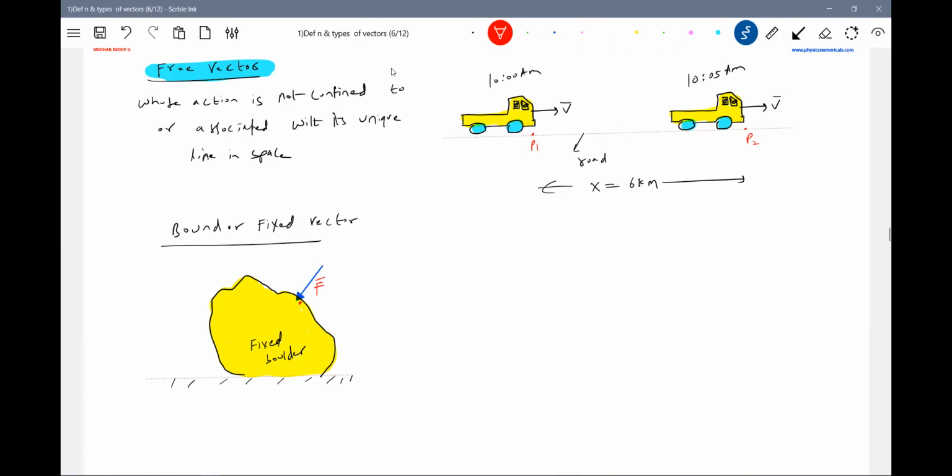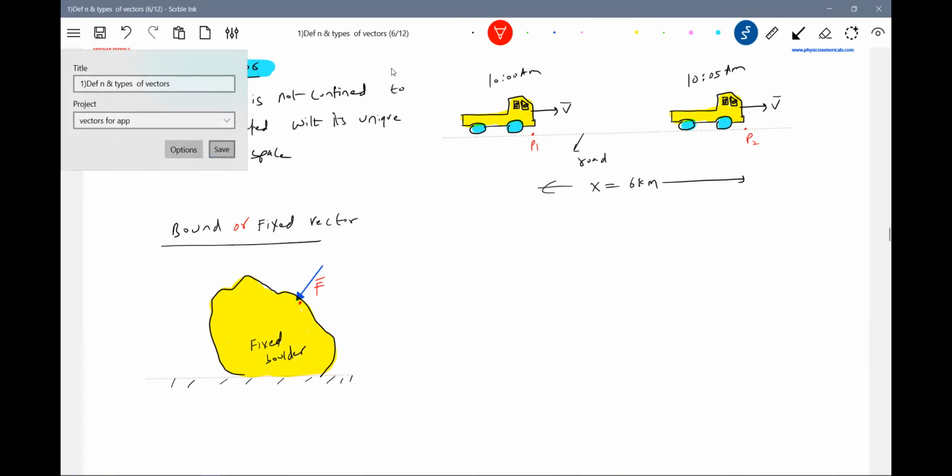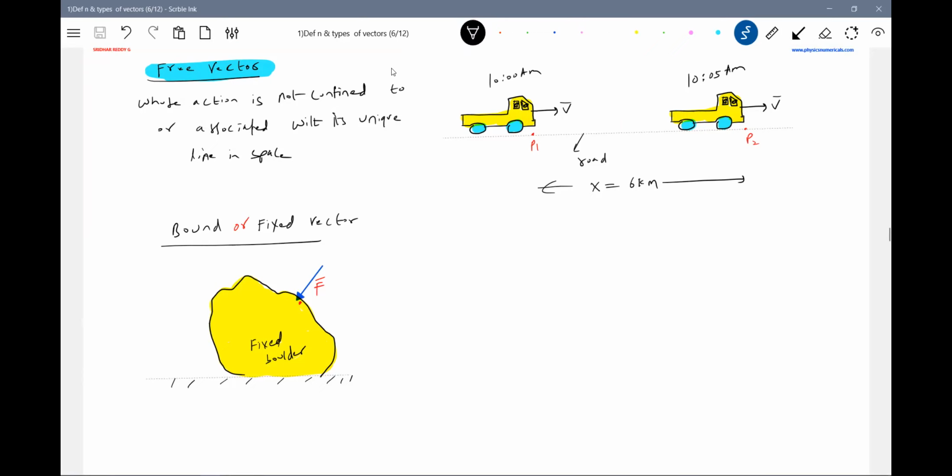So what is a bound vector? I think this is something very important. We discuss many problems on bound vectors here. The initial part of mechanics will be free vectors. The later part will shift to bound vectors.